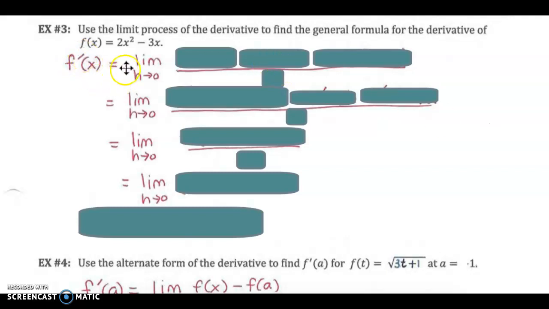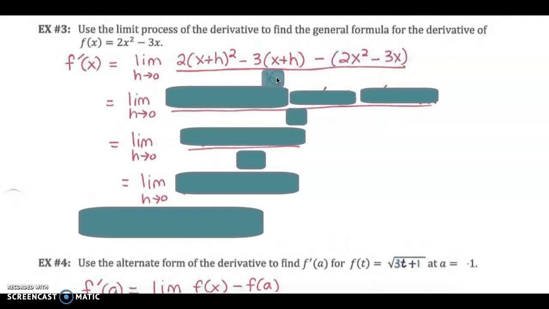So f prime of x equals the limit as h approaches 0, and remember, anywhere we see an x up here, we plug in x plus h. So we have 2 times x plus h squared, that's that part, minus 3 times x plus h, and then remember in the formula it's minus f of x, so we subtract this original function. And all of that is over h.